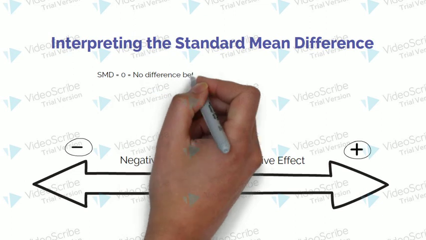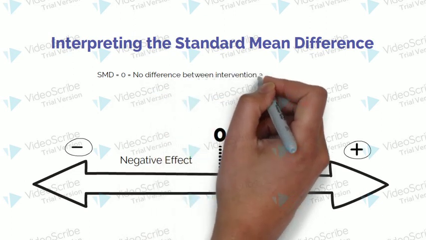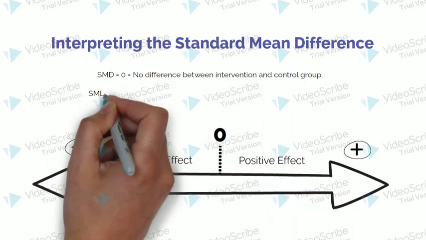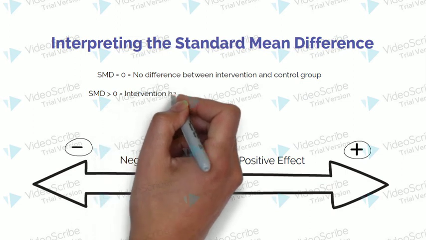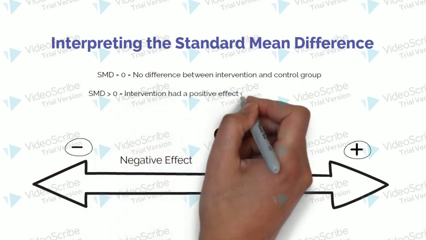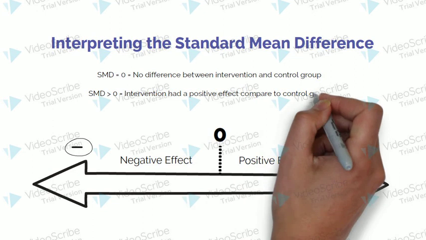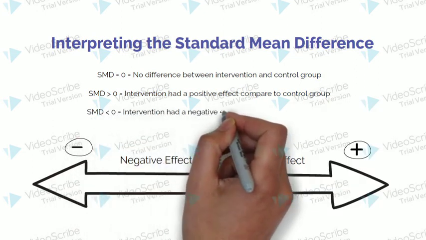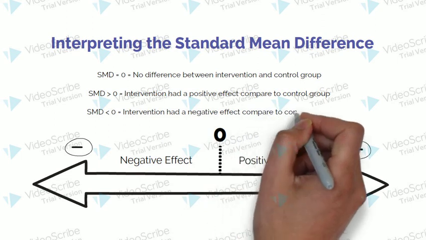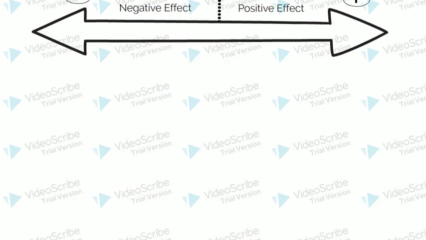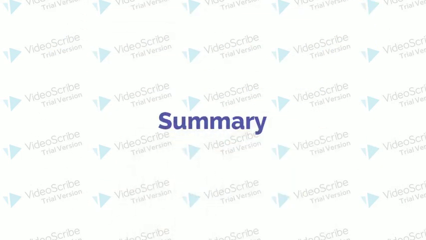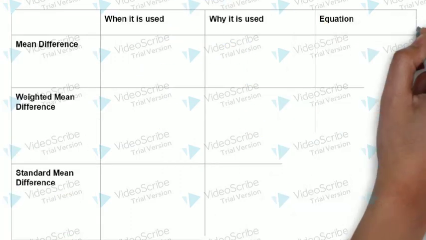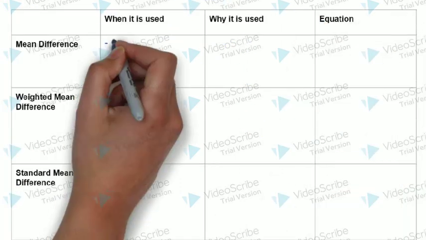So if you see an SMD of 0, it means that there's no difference between each of the groups. If you see an SMD greater than 0, then the intervention had a positive effect. And finally, if you see an SMD less than 0 or a negative number, you know that it had a negative effect.